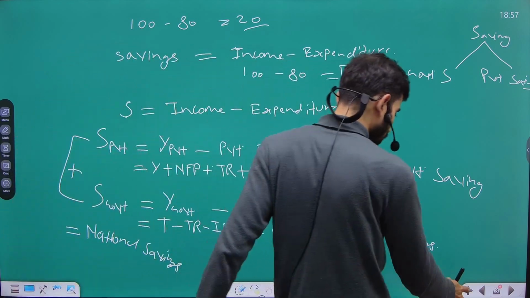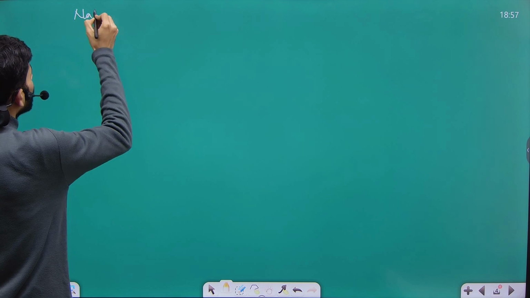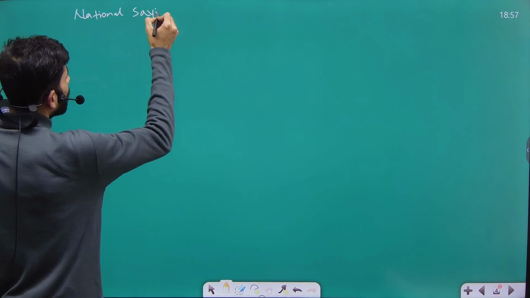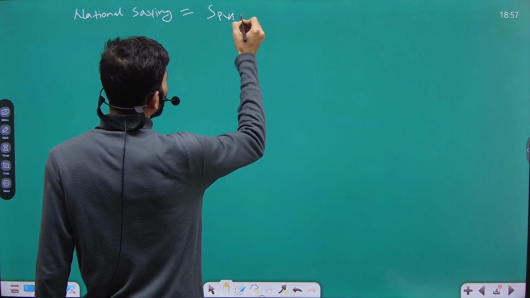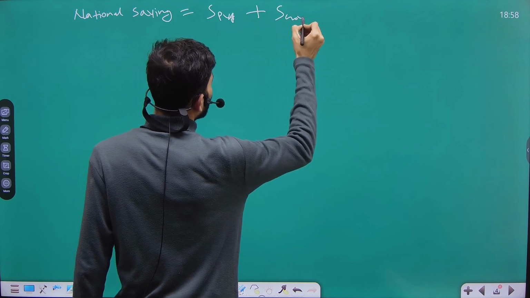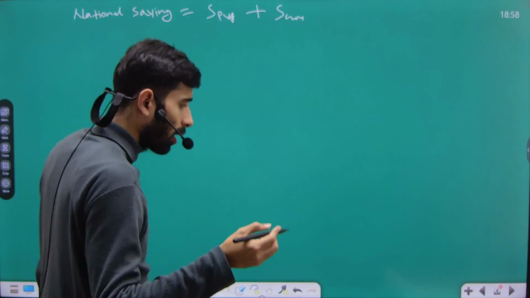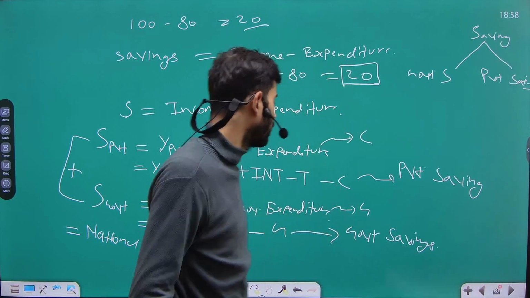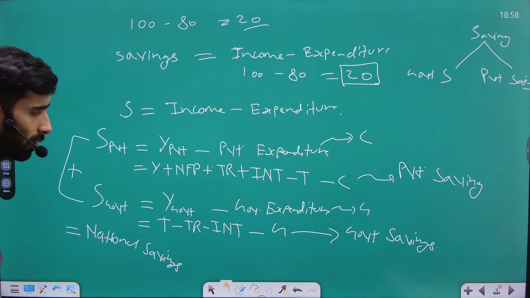Let's do it. So basically national savings is equal to private saving plus government saving. Here you might be curious, what do we mean by government savings? Just like the private sector, government can also save.